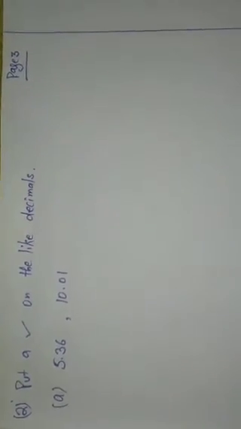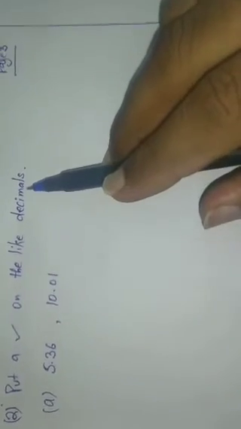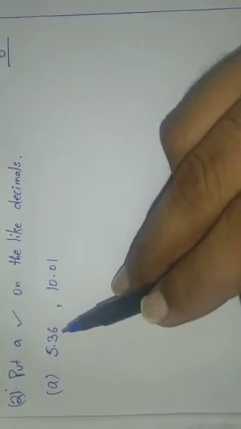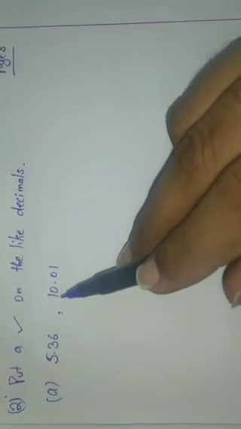Now see the second question. It asks to put a tick on the like decimals. It has 4 parts, A, B, C, D. Look at part A: the numbers given are 5.36 and 10.01. Students, I have already told you what like decimals are: decimals with the same number of decimal places.